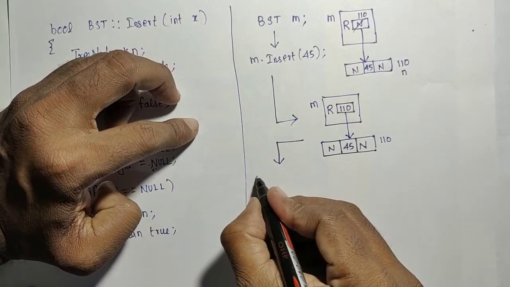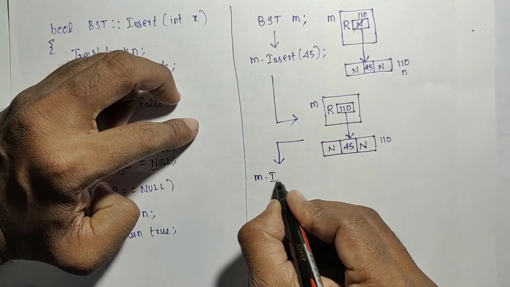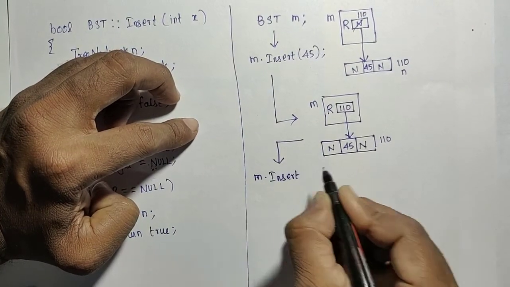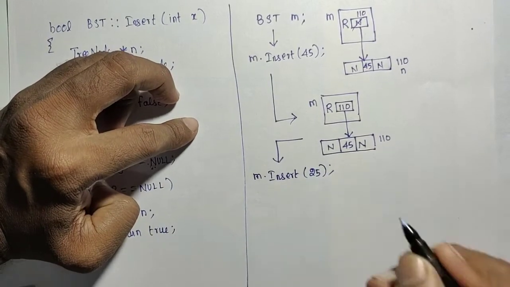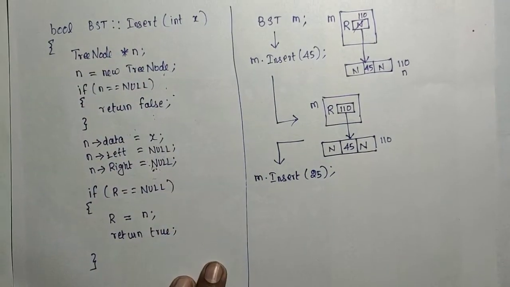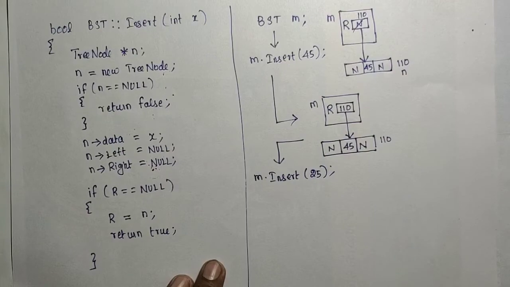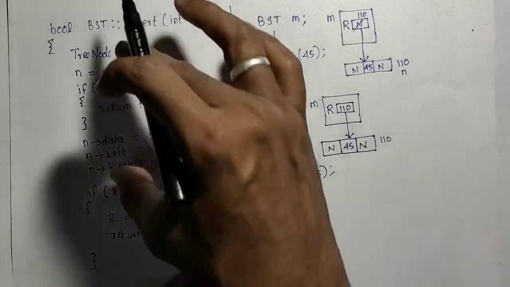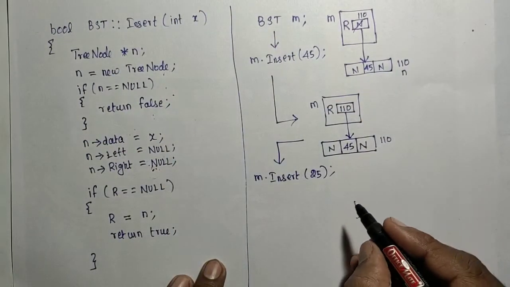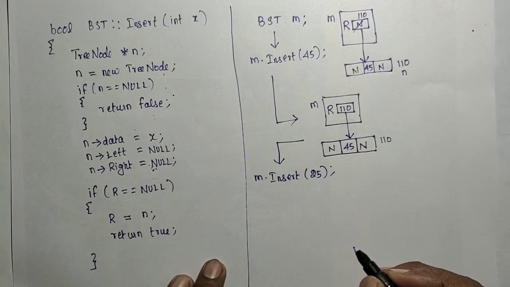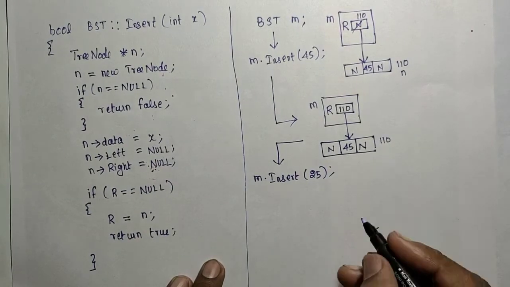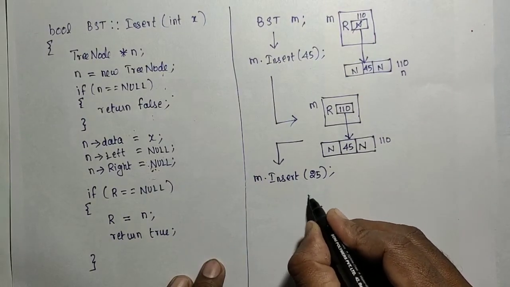In this case, if you want to insert 25, what I need is to start searching from the root. Now up to this step, the new node will be created.